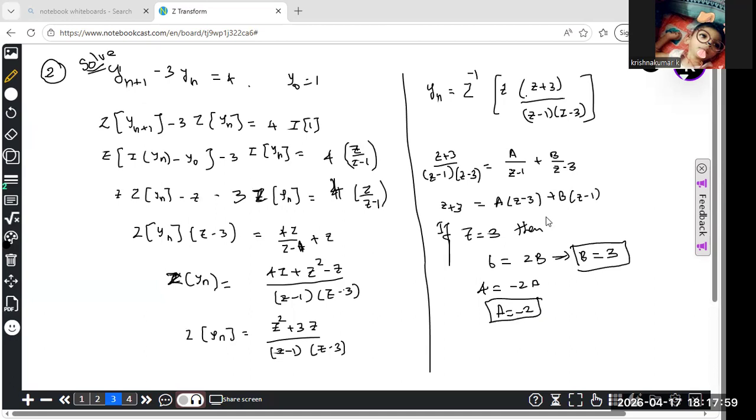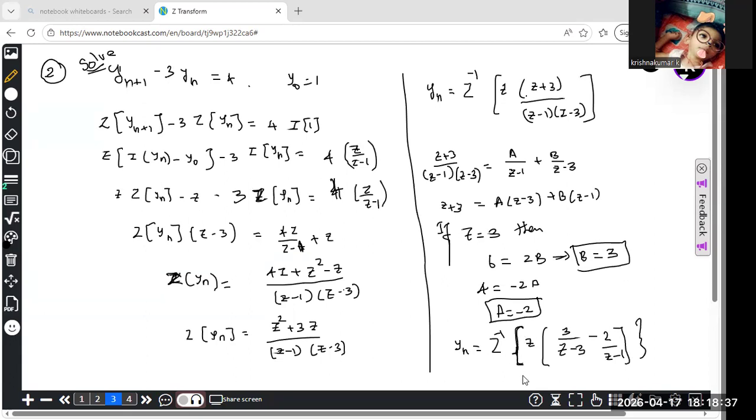Okay, so therefore, the partial fraction of this part, y(n) is equal to inverse z transform of z into, instead of this part, we can write this one. So first, to write the positive term, 3 by z minus 3. Next negative term is this one, so here a is minus 2 by z minus 1. Okay, then you multiply these things with this z.